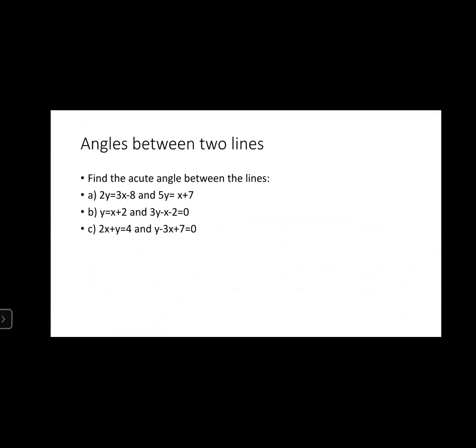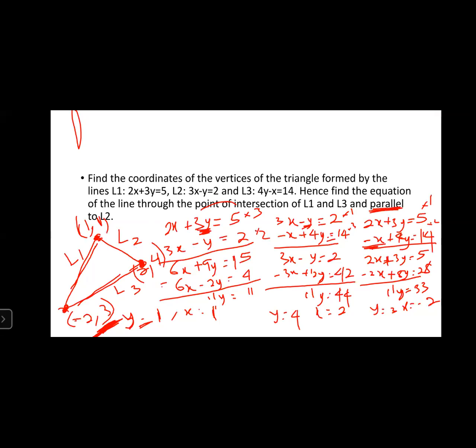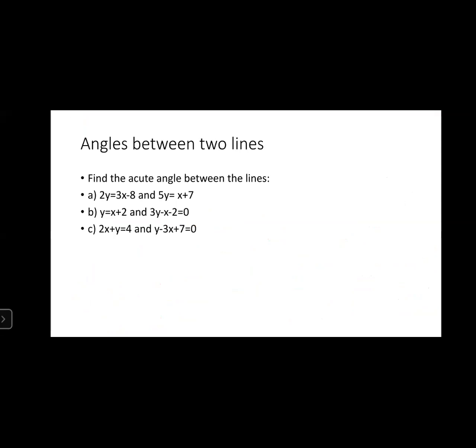It's also part of what we have just treated, intersection. So angle between two lines. Now, when we want to find angles between two lines, in further maths, anytime we mention angles between two lines, we always think of two ways.